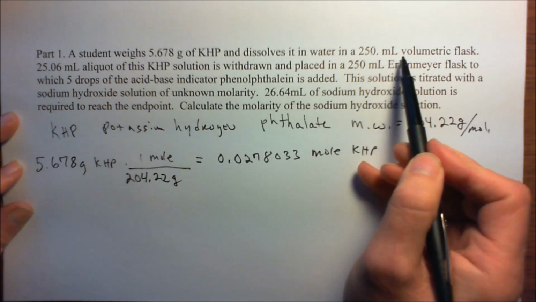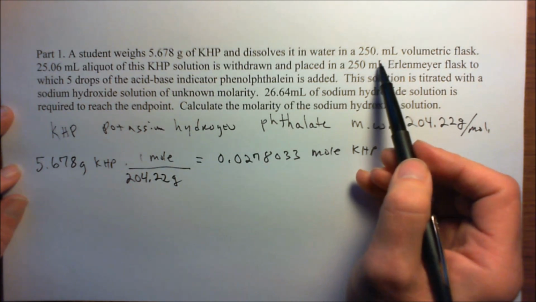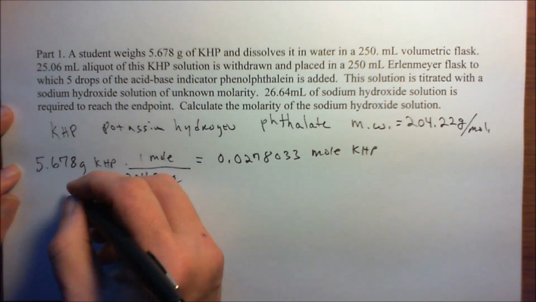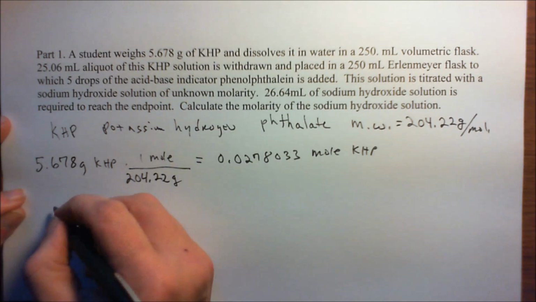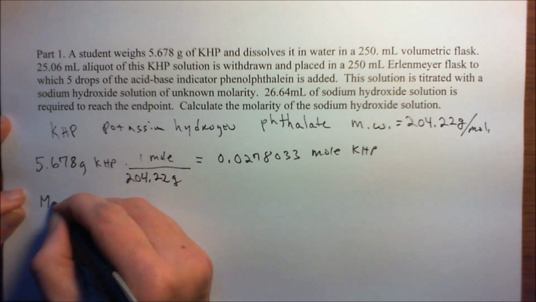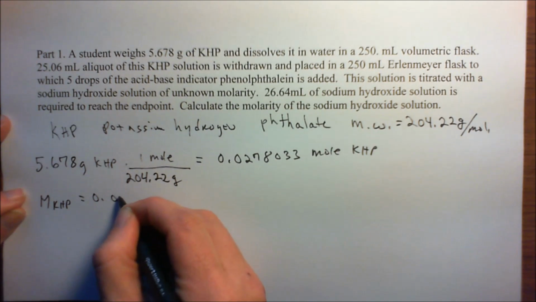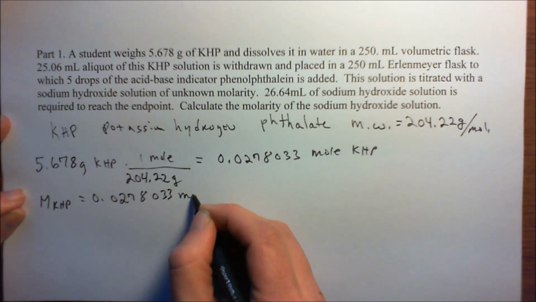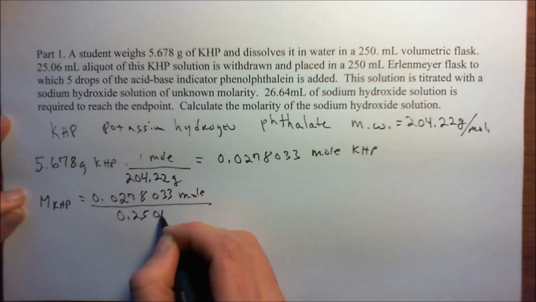250 milliliters is 0.250 liters. If you recall, we want the molarity, and molarity is in moles per liter. So to get our molarity of KHP, that's going to be 0.0278033 moles divided by 0.250 liters.